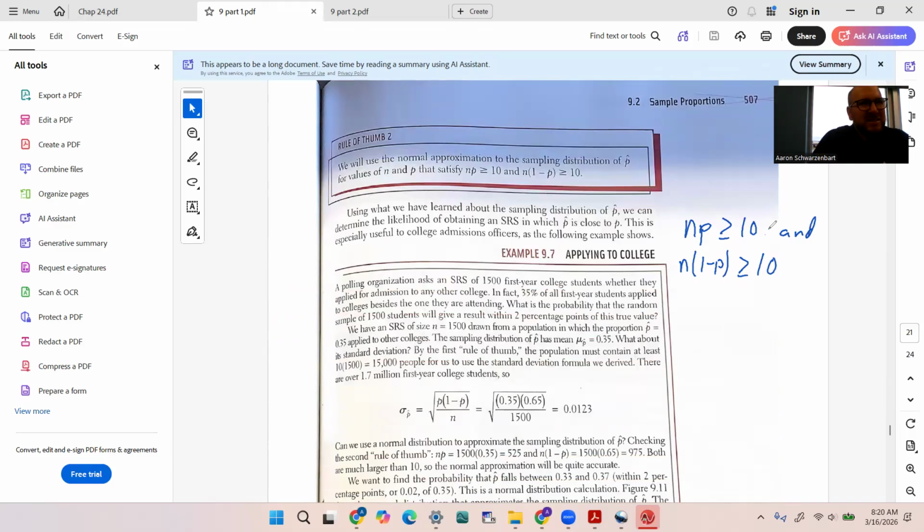Well, NP is the cases for, and N(1 minus P) is cases against. So I must have at least 10 people on each side of that. That makes sense. And if I do, I can say my distribution of proportions will be approximately normal, which is going to allow us to do all kinds of things with it.